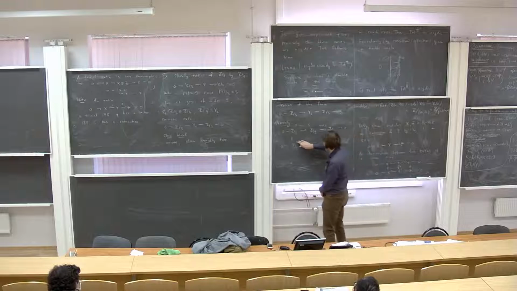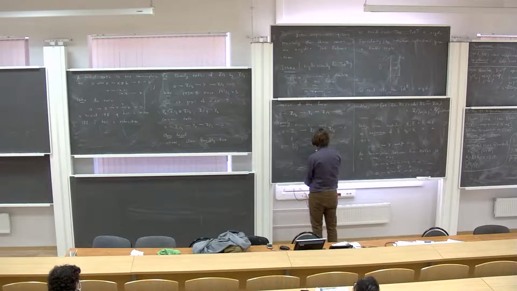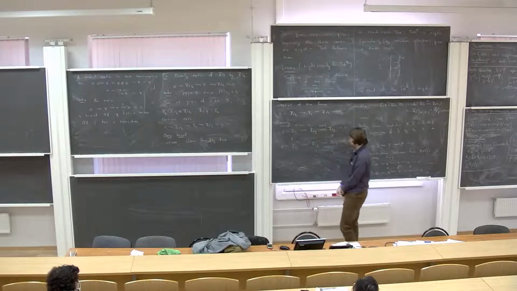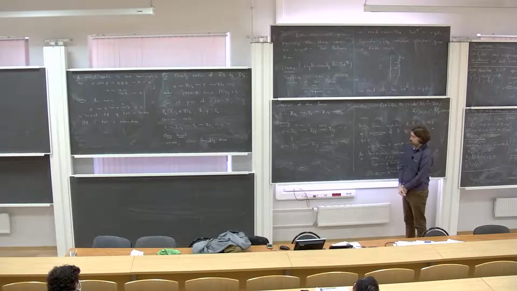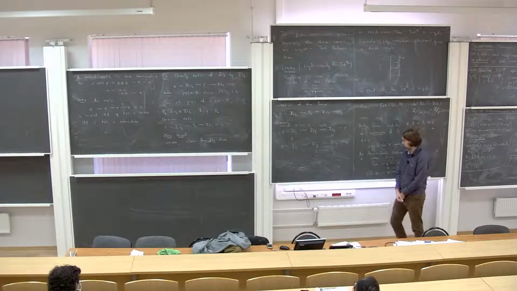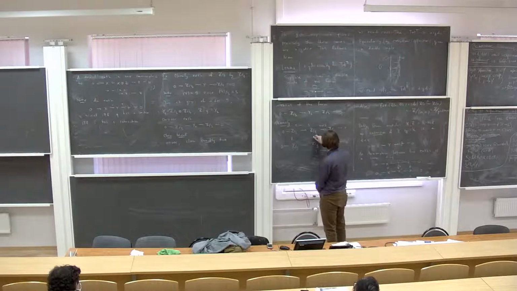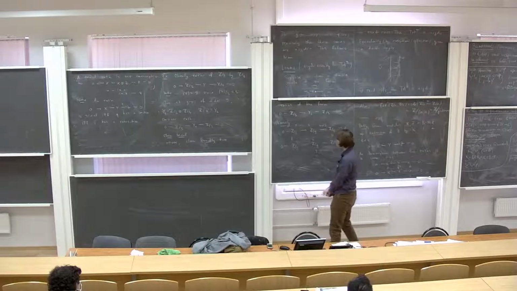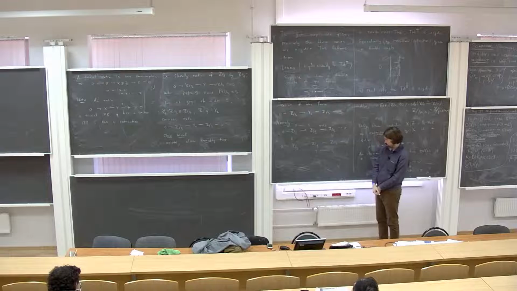So let me do that. Let this be not the usual quotient, but let this be 1 goes to 2. And then the kernel's still the same. Right? However, there's no map in here. Is there a map?